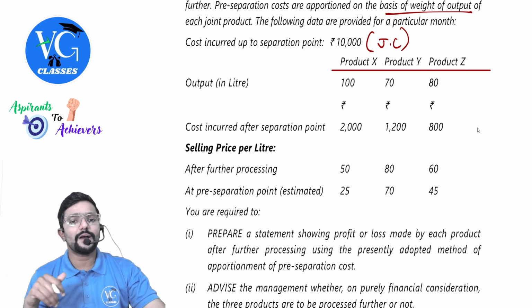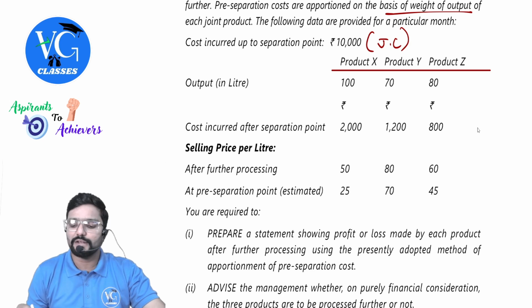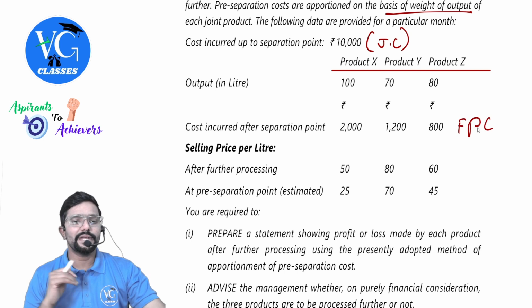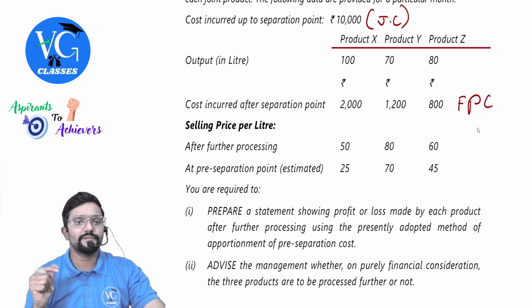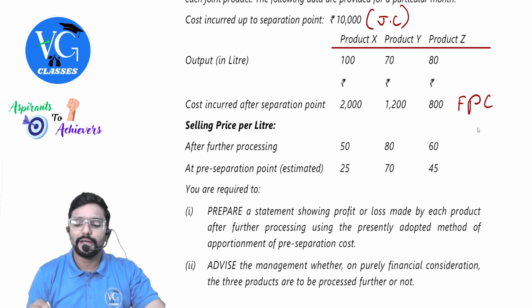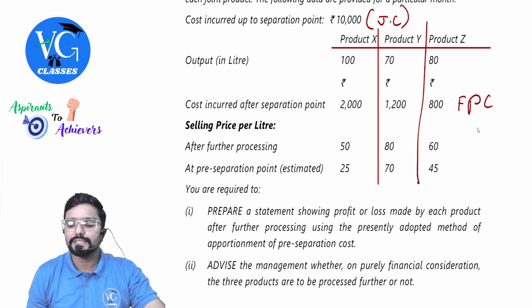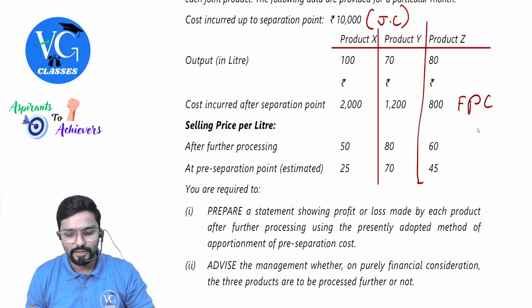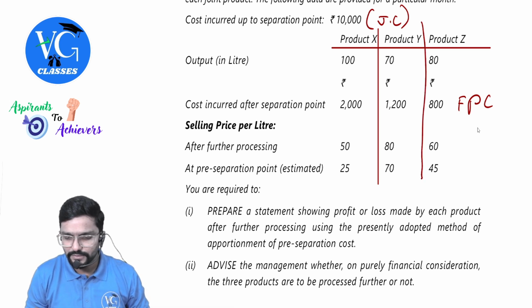Cost incurred after separation point, the further processing cost, is 2000, 1200 and 800. Selling price per liter after further processing is given. For all 3 products, markets are available, both at split off point as well as after further processing.